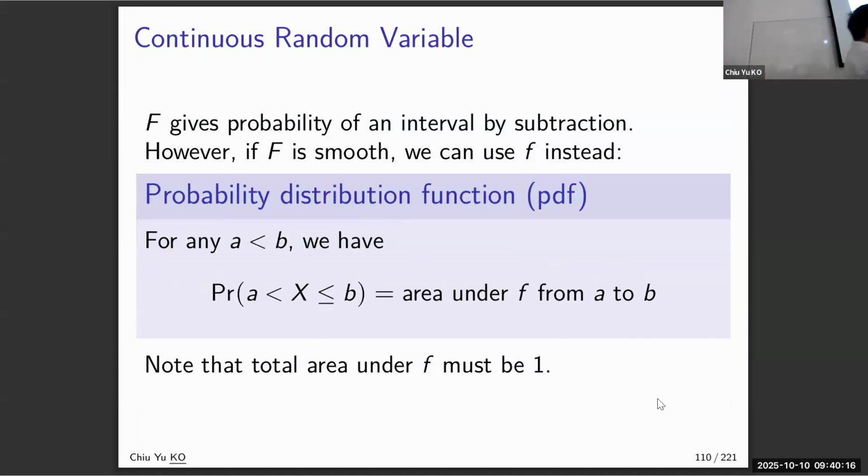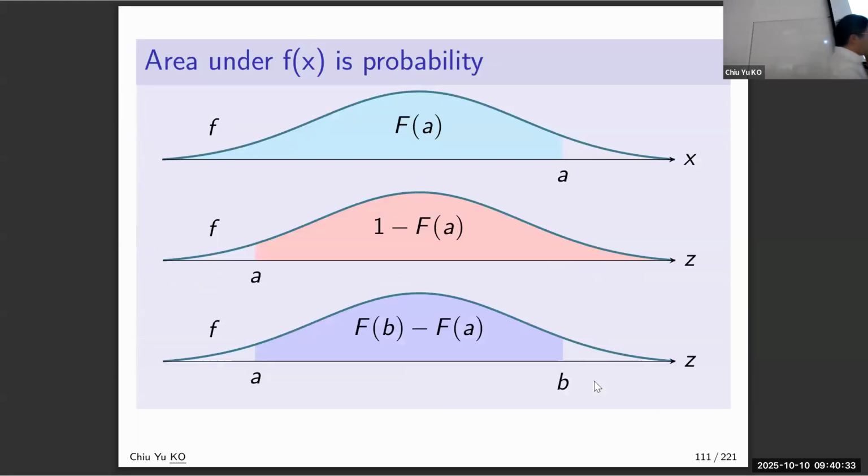For the purpose of our class, if the big F is smooth enough, you have a small f. By smooth enough, that actually means differentiable, if you learned calculus. And that means we will look at the area under the curve of f as the big F. So this is easier to see what's going on.